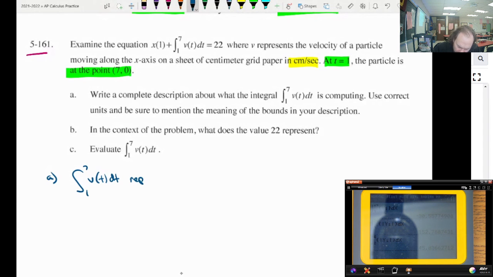This is going to represent the change in position from t equals 1 to t equals 7. And change in position, you could use the word displacement there instead. That is what displacement means.